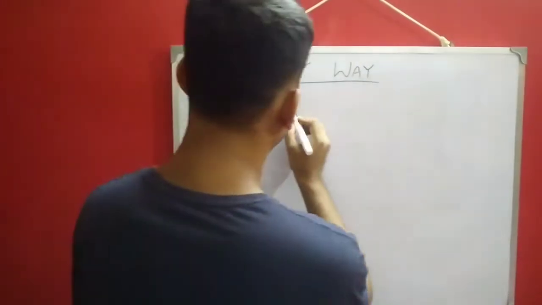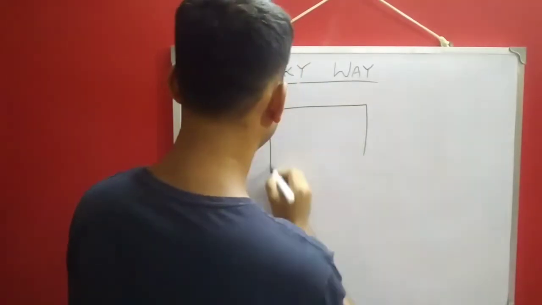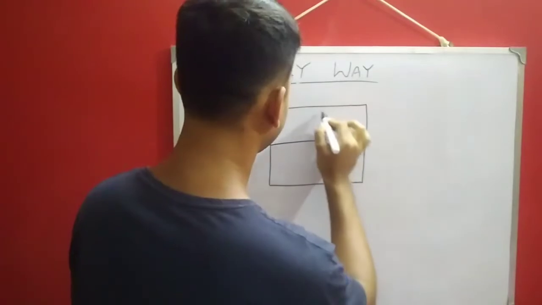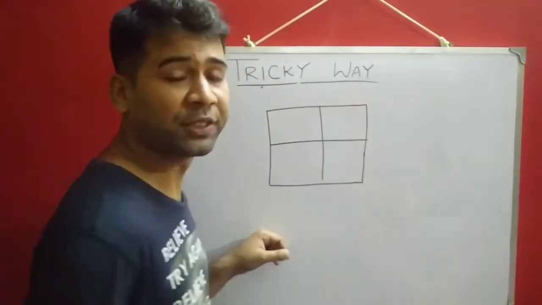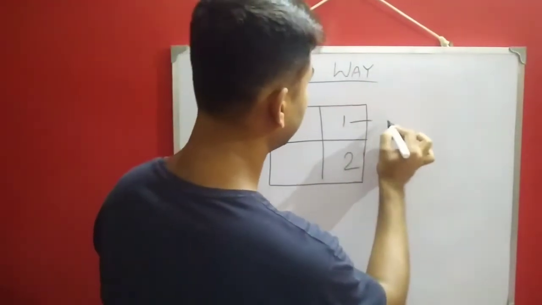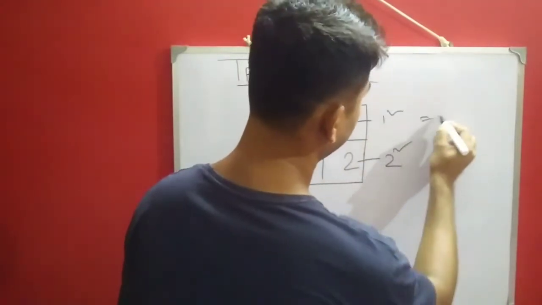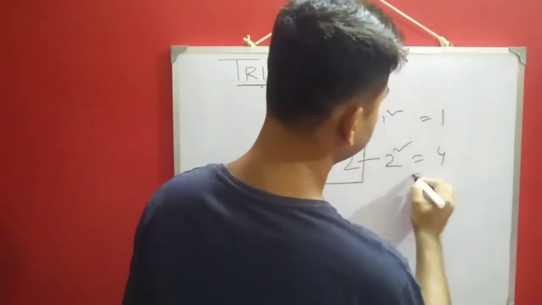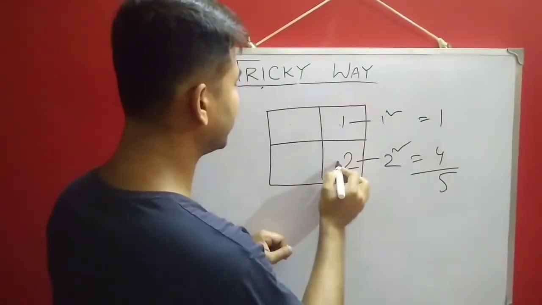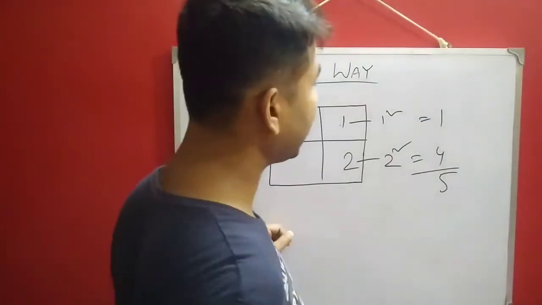When you get this figure, the total number of squares is 1 plus 4 equals 5. Or you can count 1, 2, 3, 4 and a big square. So the total number is 5.